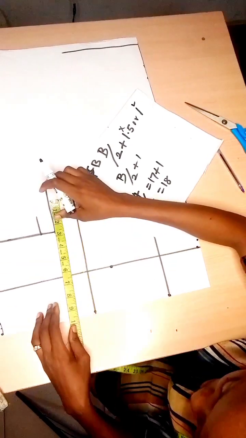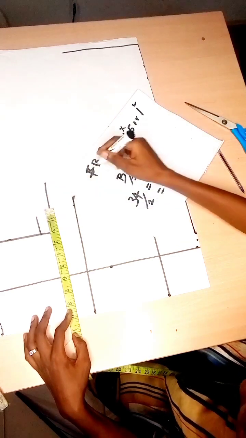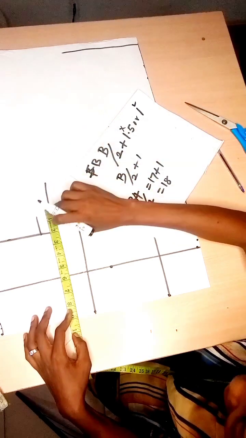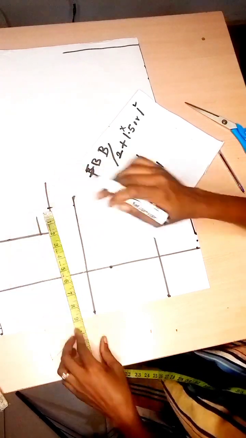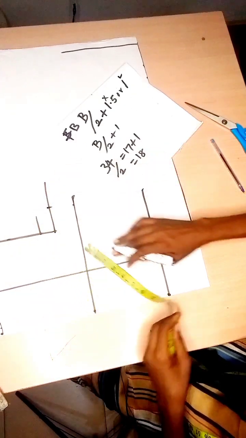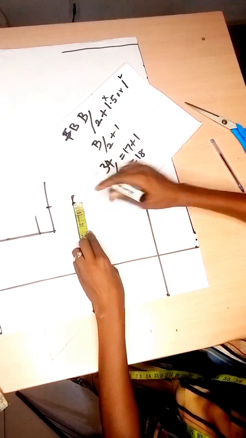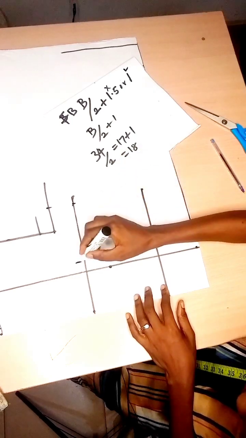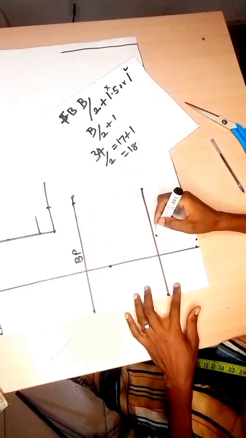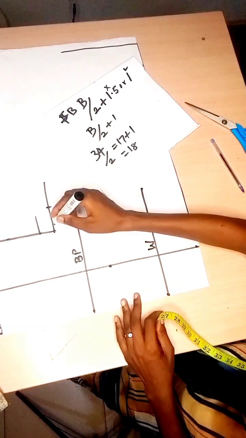So my bust measurement now is 9. My front bust FB now is 9 inches. Now we are repeating the same thing on this place. These are bust points, these are waist, and these are chest line.